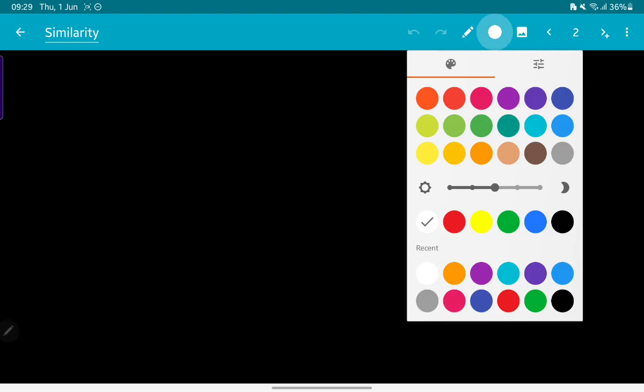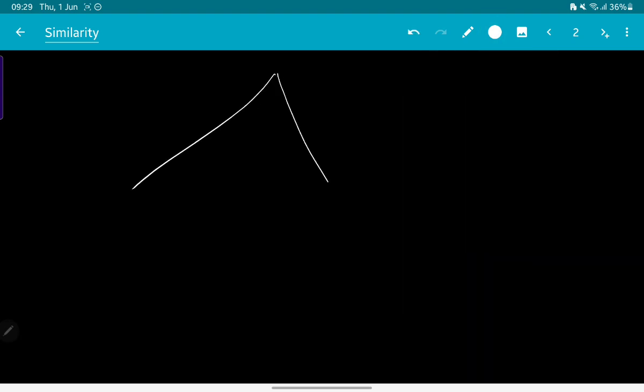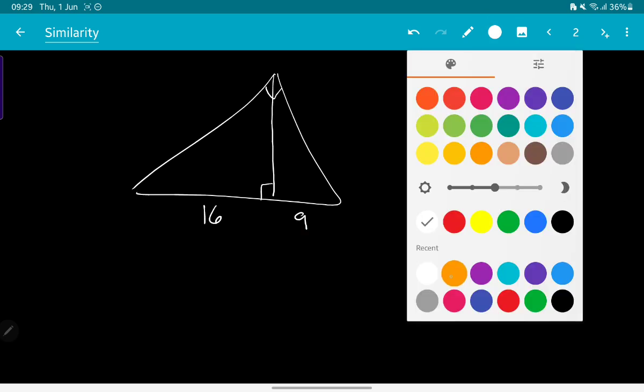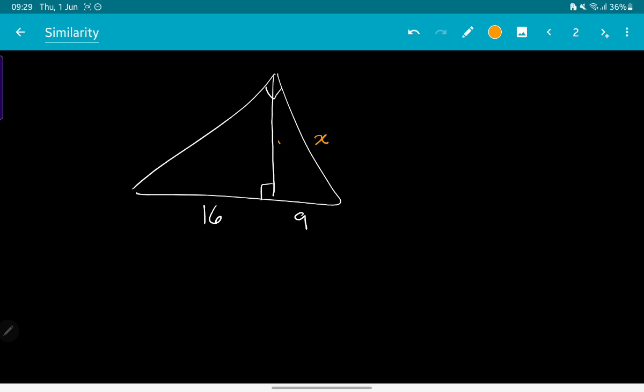Now let's go to the Euclidean theorem. If we have a right triangle at this angle and an altitude of the triangle, and you are given 9 and 16, and I'm asking about x or y or z.